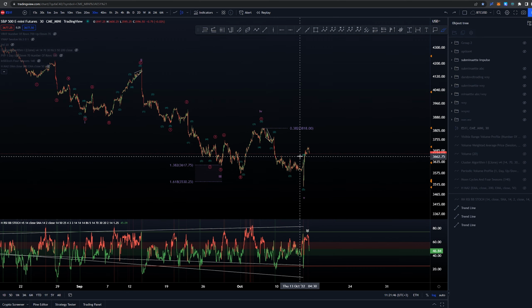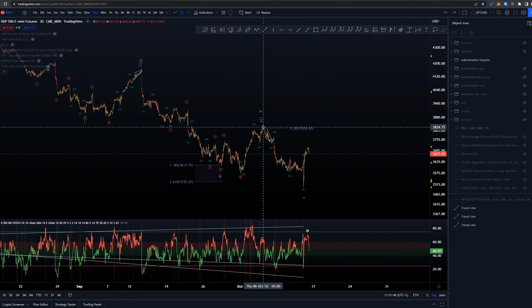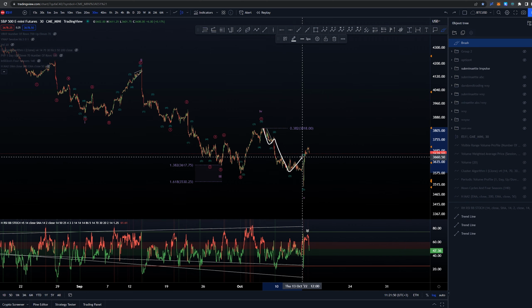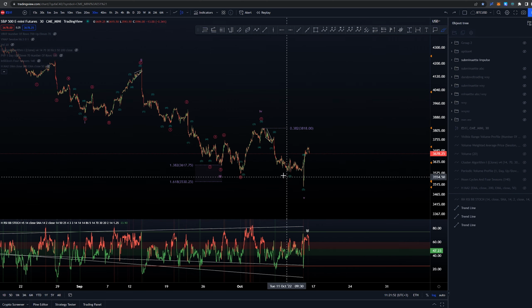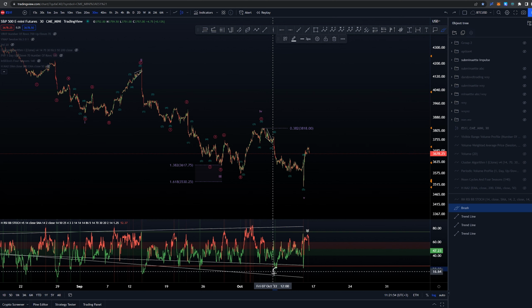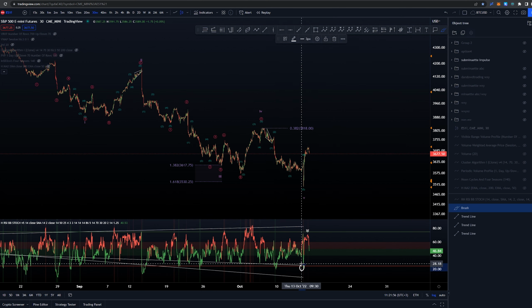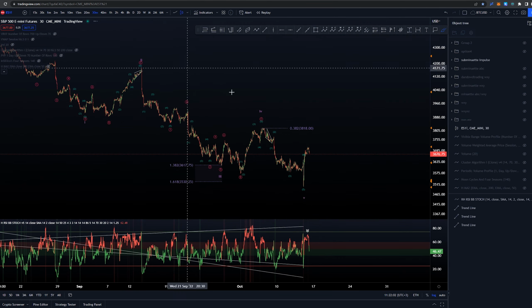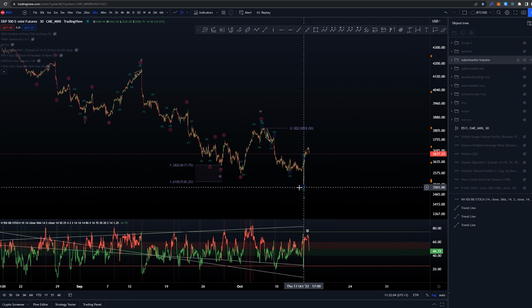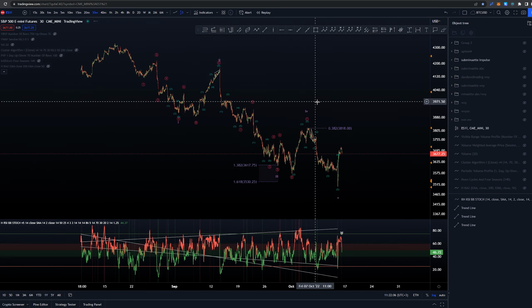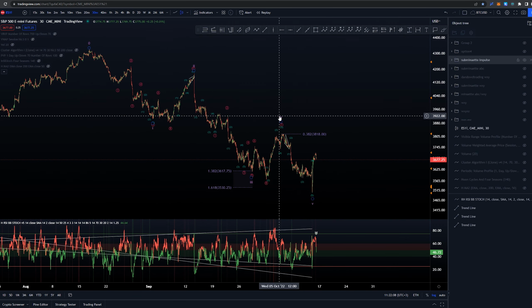So even though it fits the minimum requirements, I feel like this has the better look for a three-way structure. On third of third we do have that divergence, comparing that to the end of fifth. And we do have that very slight divergence, at least on the 30 minutes, on 1 hour as well.